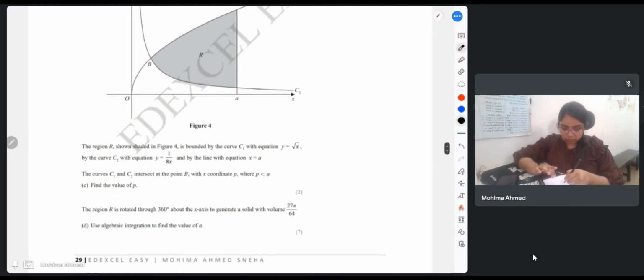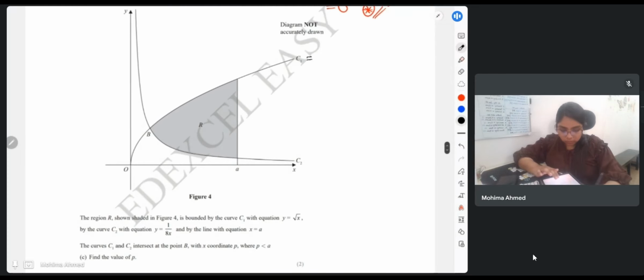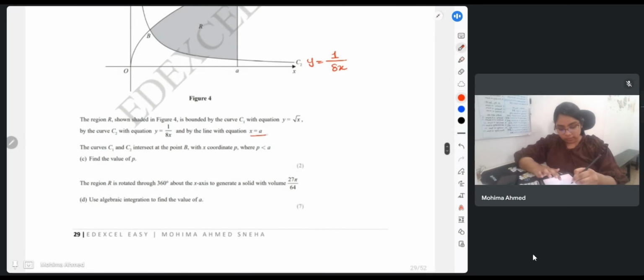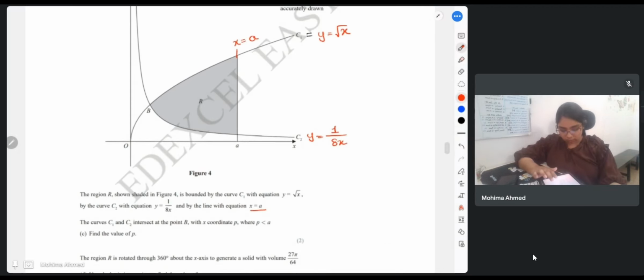Now in this part, the region R shaded in figure 4 is bounded by curve C1 with the equation y equals root x, and the curve C2 with the equation y equals 1 by root x. This is y equals 1 by 8x. And there's obviously a straight line, x equals a.